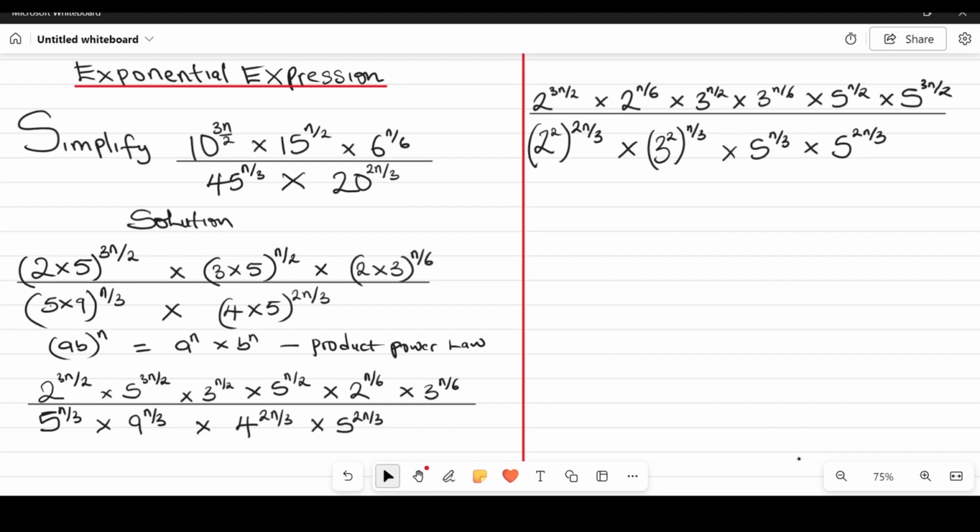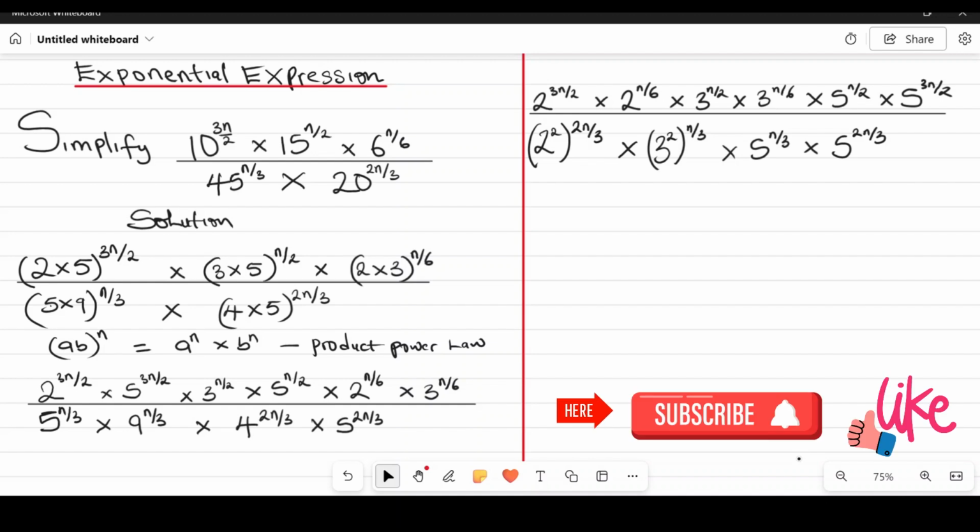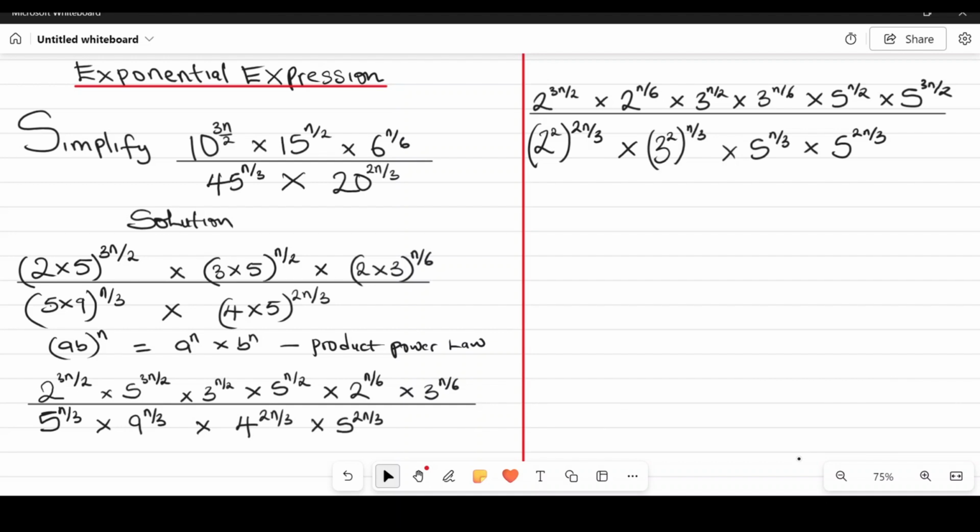Now, we have been able to group these terms together based on their bases. At this point, we are going to apply the multiplication law of indices so that we can add their powers.